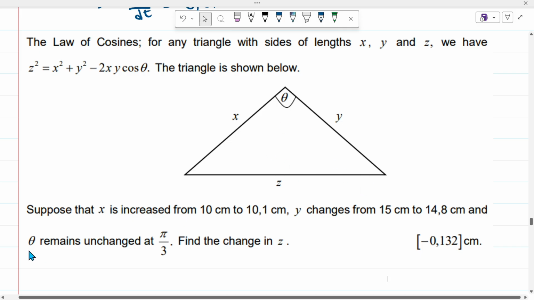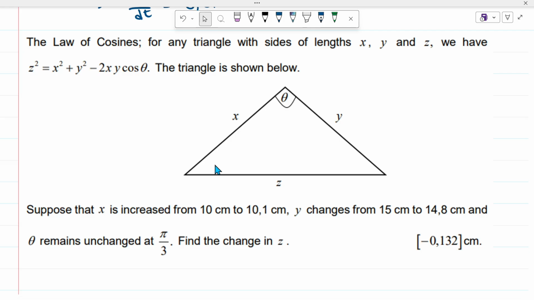So they've also shown us the triangle. Suppose that x is increased from 10 centimeters to 10.1 centimeters. Y changes from 15 centimeters to 14.8 centimeters, and theta remains unchanged at pi over 3. Find the change in z.